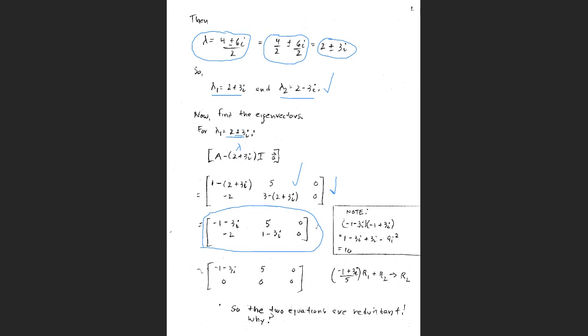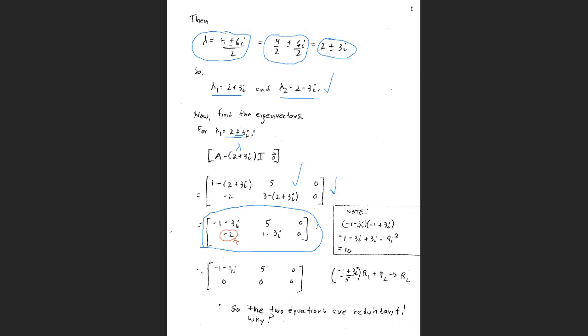Okay, and reduced form, echelon form, means that where the negative 2 is, we want a 0. So that means I'm going to use the negative 1 minus 3i.